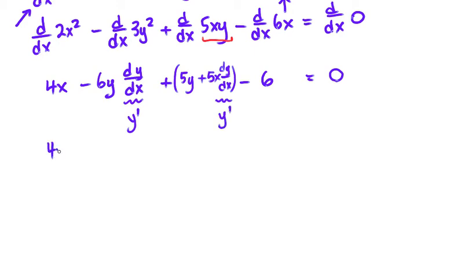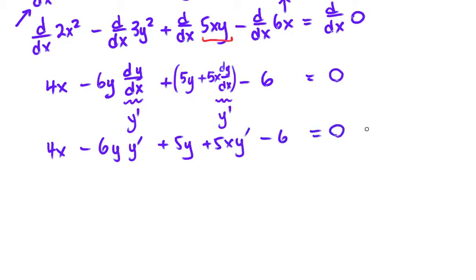So now I've got an equation that looks like 6y, you can use y prime or dy dx, plus 5y plus 5x y prime minus 6 is equal to 0. And our goal now is to solve for y prime. The easiest way to do that is to put all the y primes on one side, put everything else on the other side. So I have 5x y prime and 6y y prime is equal to, moving everything to the other side, minus 4x minus 5y plus 6.